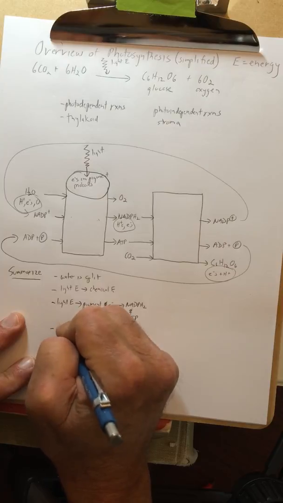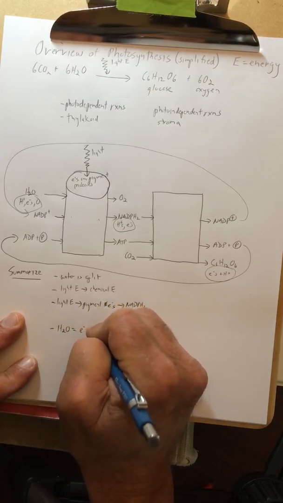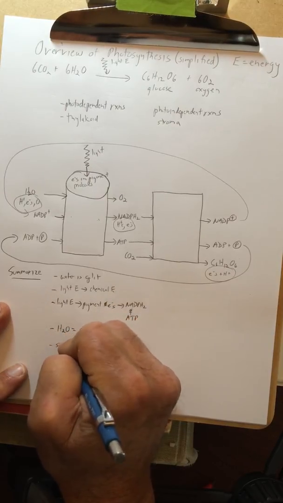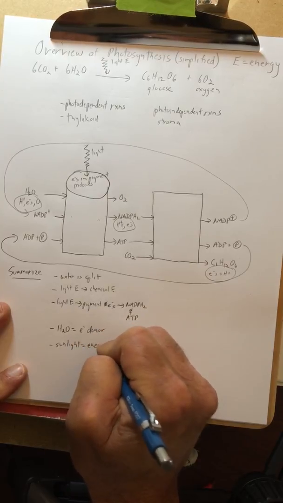In this reaction, H2O is the electron donor, and sunlight is the energy source.